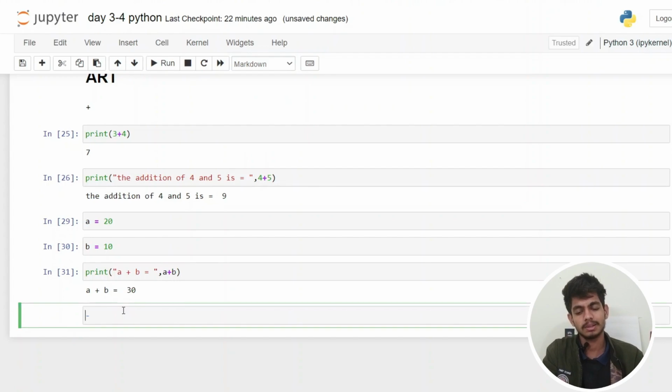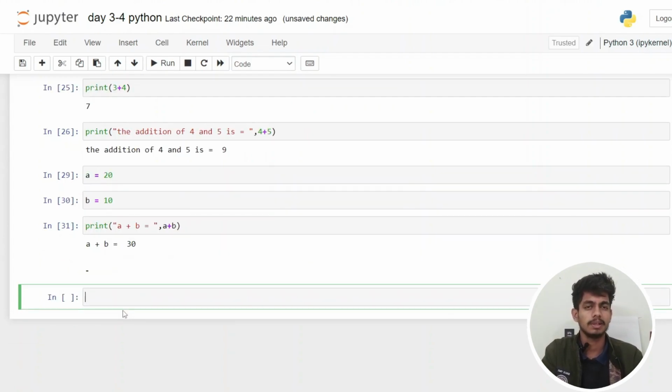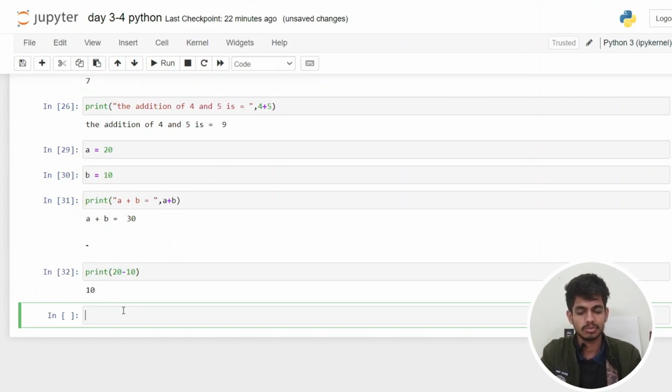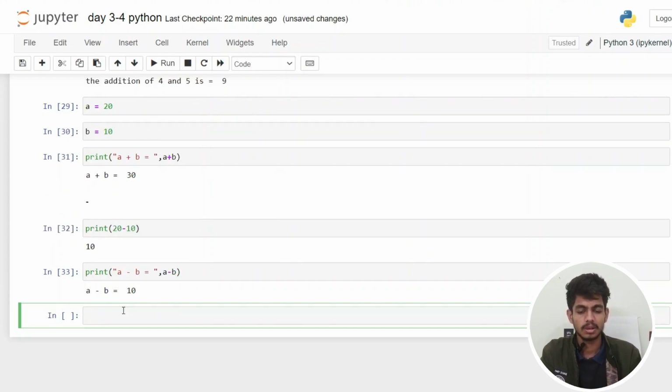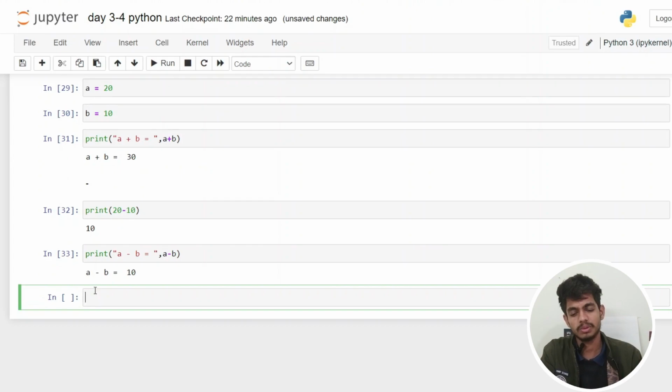In the minus operator we subtract two operands from each other. Take the example print 20 minus 10 is 10, or with the help of variables, we write print a minus b is equal to, passing a minus b, which is 10. We get 10 because 20 minus 10 is 10.